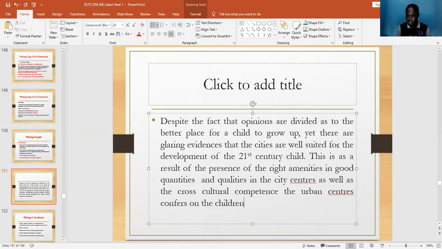Okay, this is as a result of the presence of the right amenities.